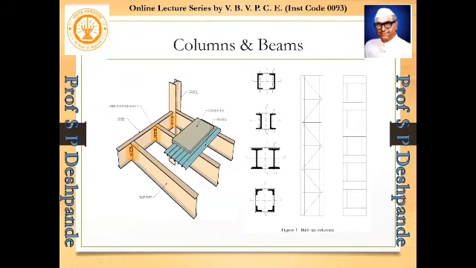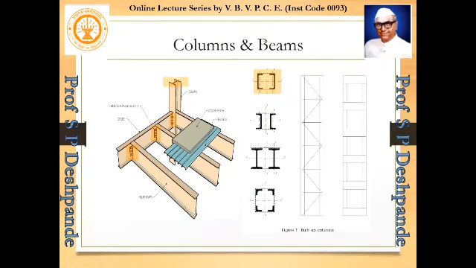Now this is a column. Again you can see at the top of the column, its section is also an I section. Now these columns are not made up of only I sections. You can have various other shapes also. As you can see on the right hand side, you can have two channels combined together.